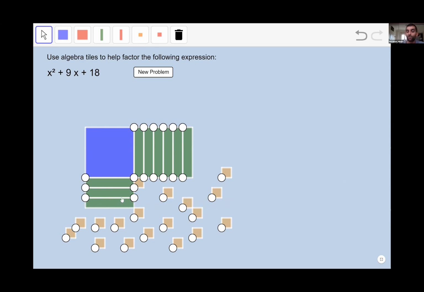So just like we did with the numbers, we're trying to work out a perfect rectangle out of these: x squared, 1 x squared block, 9 x blocks, and 18 unit blocks. Okay, and you'll see if I go through this and I put them all in here together.